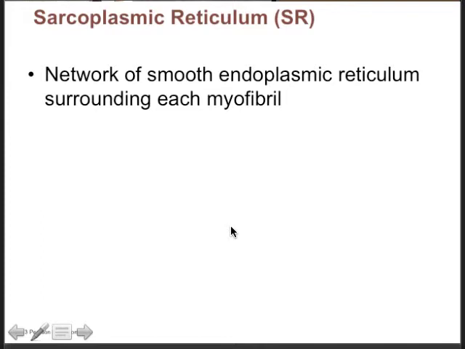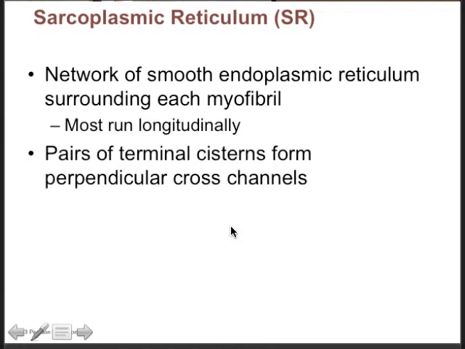We call it sarcoplasmic because it resides in muscle, but essentially it would correspond to the ER in a normal cell, in some other cell type. It has to run longitudinally and also vertically throughout the muscle cell in order to deliver its calcium payload when it's electrically stimulated. There are pairs of terminal cisterns that form perpendicular cross channels.